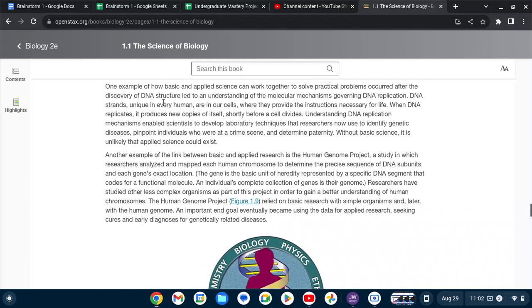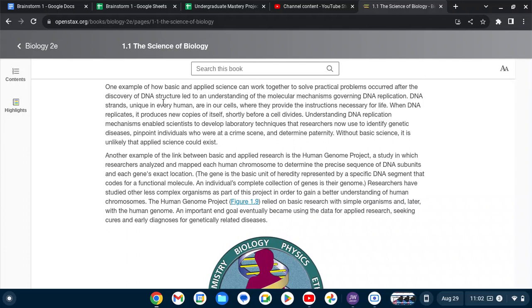One example of how basic and applied science can work together to solve practical problems occurred after the discovery of the DNA structure led to an understanding of the molecular mechanisms governing DNA replication. DNA strands, unique in every human, are in our cells, where they provide the instructions necessary for life.